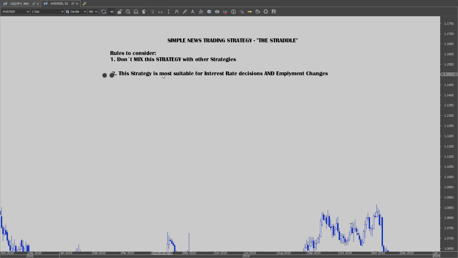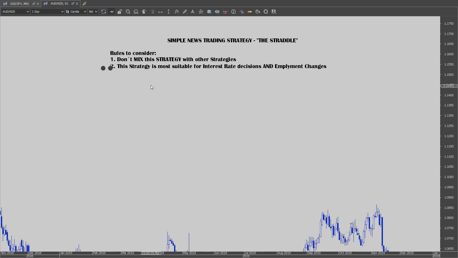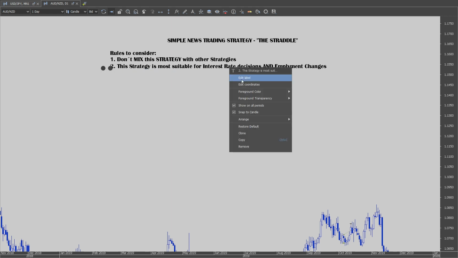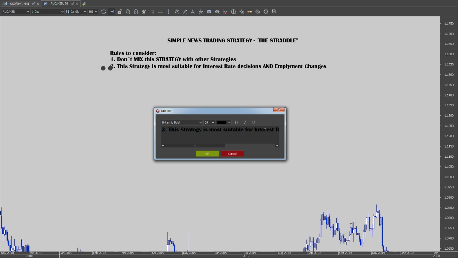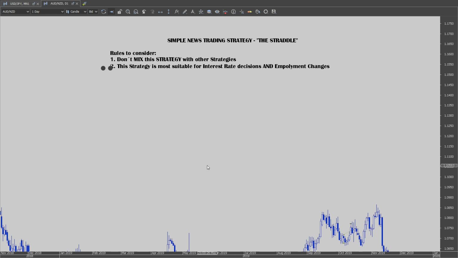Okay, this is number 2. So number 1, don't mix this strategy with other strategies. Number 2, this strategy is most suitable for interest rate decisions and employment changes.